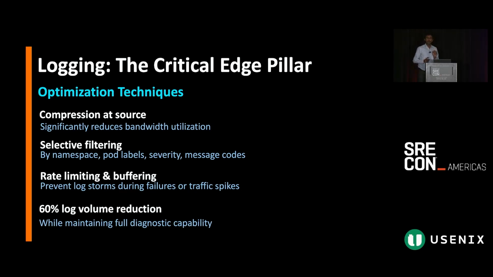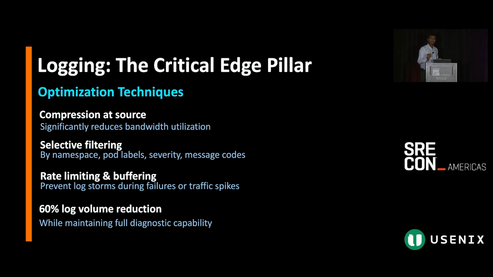Then selective filtering. In a K3s environment, you have infrastructure logs, security logs, application logs, everything. But what is really needed from a user experience perspective is application logs, if the application is behaving abnormally. This solution supports a lot of filtering options. For example, if your applications are running in a particular namespace, you can configure it to forward logs only from that namespace.